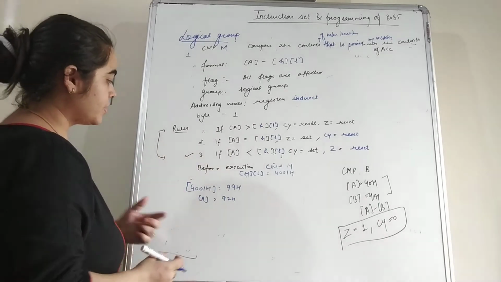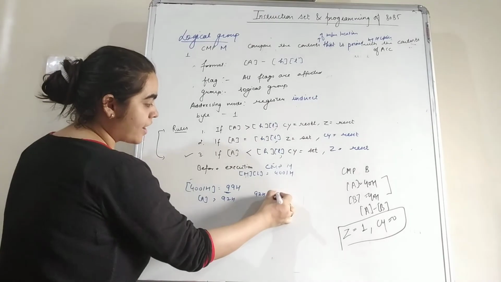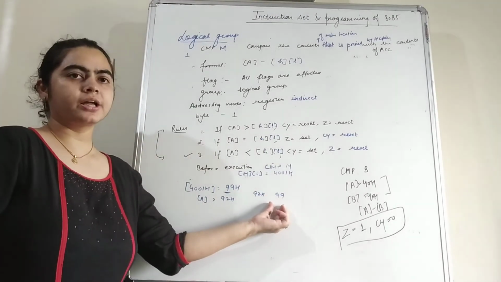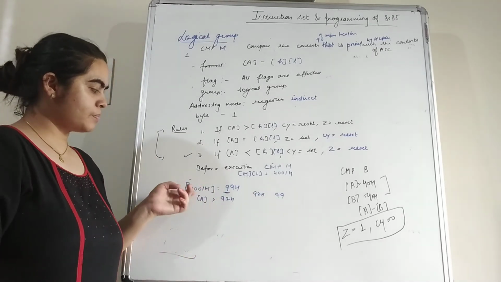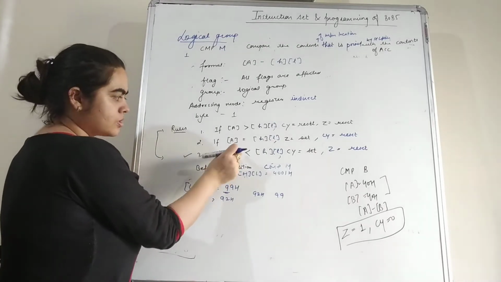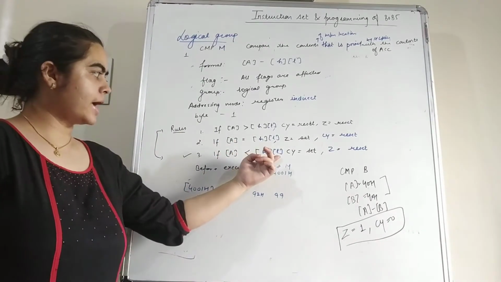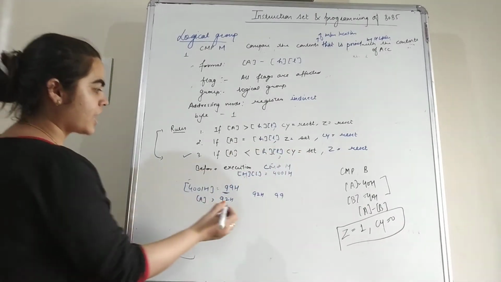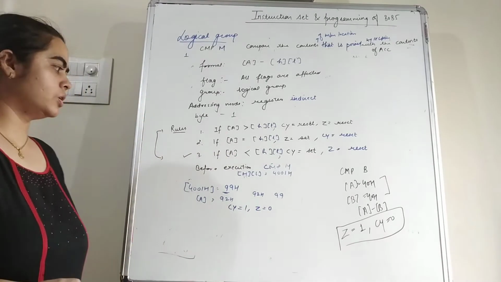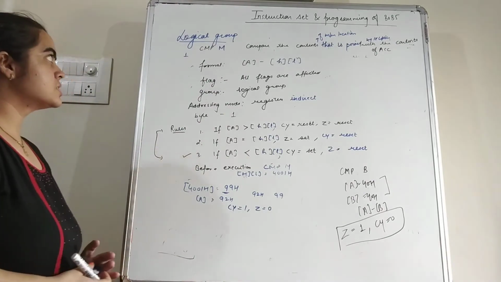Now we can compare this. In accumulator we have 92H and in memory we have 99H. So that means the contents of accumulator are smaller than the contents that is pointed by the memory location 4001. So if the contents of accumulator are smaller than the contents that are pointed by the HL pair, then we set the carry flag equal to 1 and we reset the Z flag equal to 0. So this is the example of the instruction CMP M.